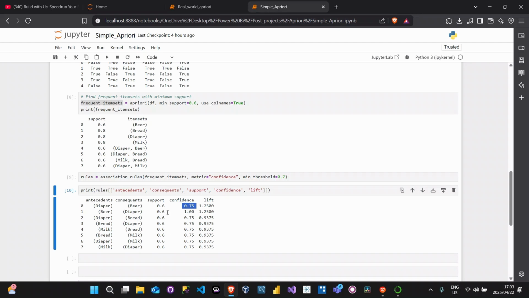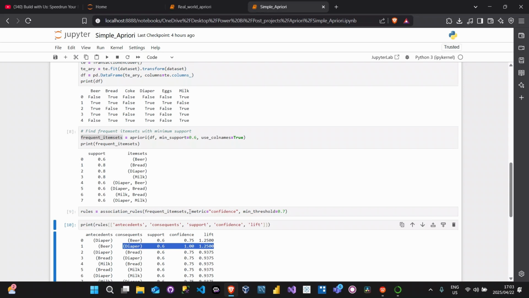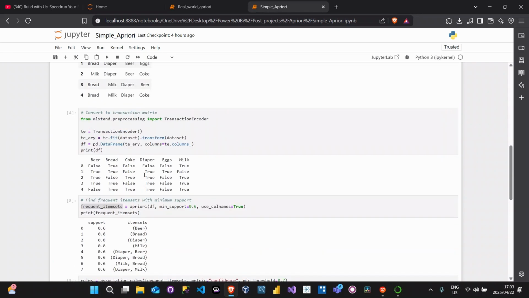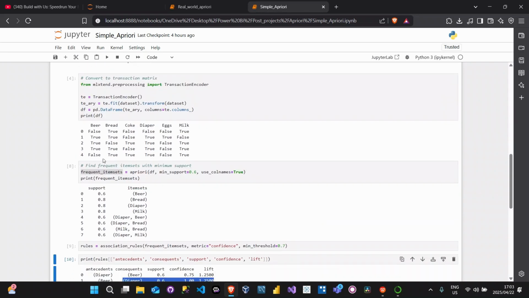But you can see from here, one would ask, if one picks beer, there is 100% certainty within our data set that they will also pick a diaper. So you might get a bit confused here, but I will explain using this data set. So we have beer.